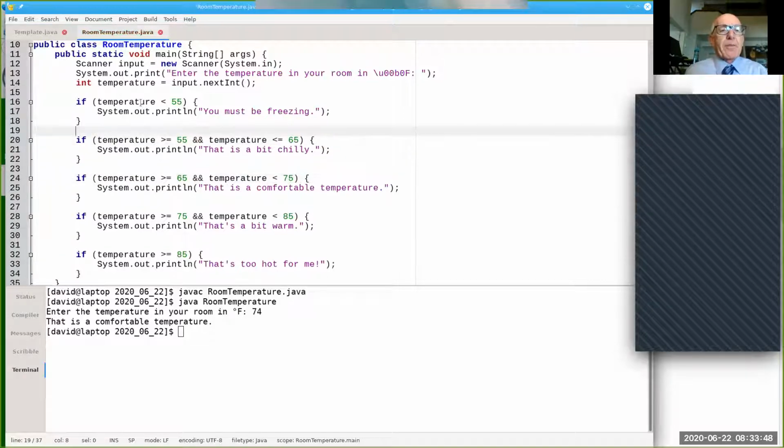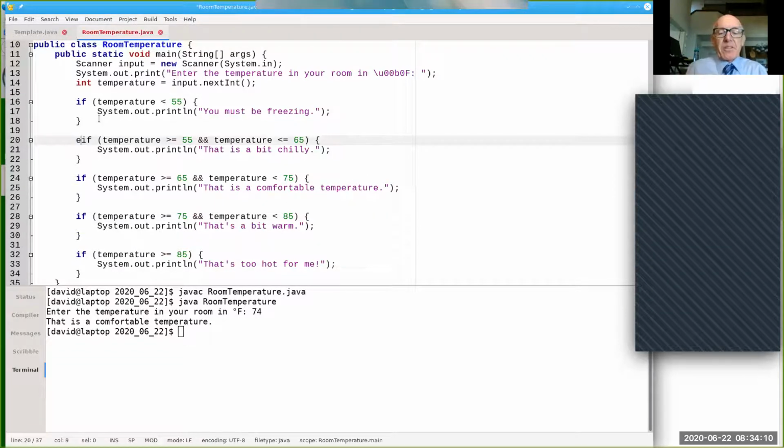In fact, let's go back to the way this was. If the temperature is, let's say, 52 degrees, it does this test. Then it will do this next test, even though we know what the temperature already is, it's still going to do this test and get a false. Then it'll do this test and get a false, and then this one and get a false, and so on.